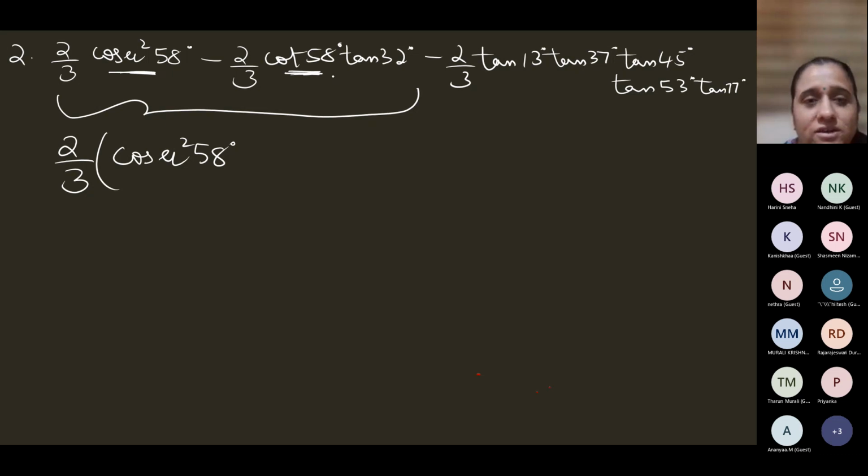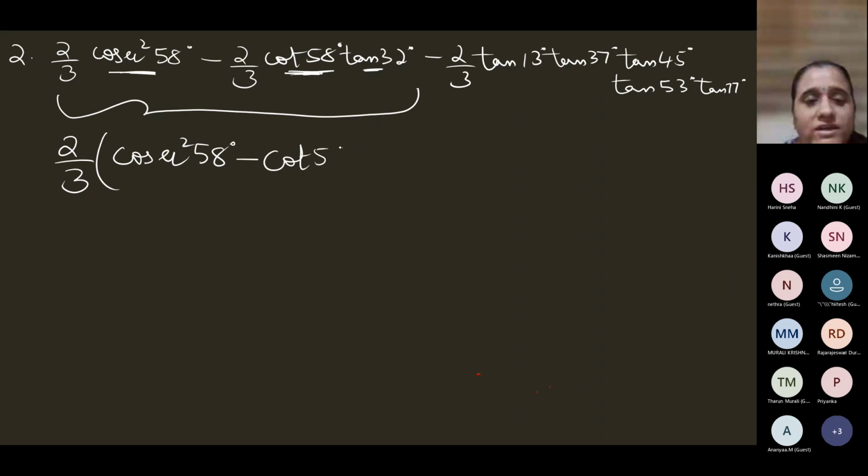We have one cot 58 here, so we'll make the other one also cot 58 so that cot 58 into cot 58 will be cot square 58. As of now, we'll just take out 2 by 3 common.